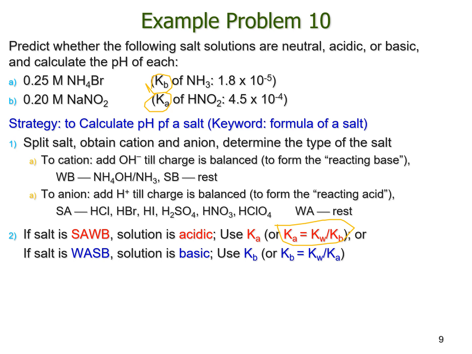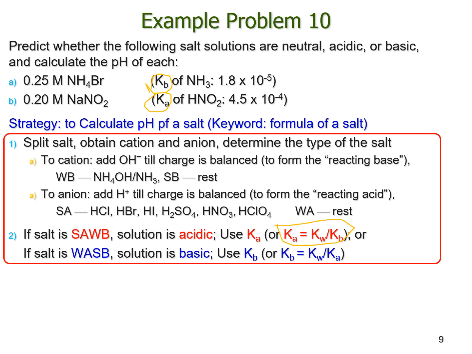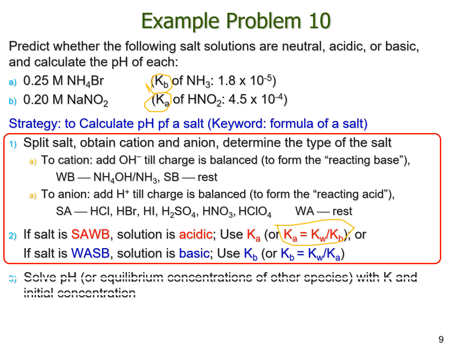If the salt is WASB, weak acid and strong base, remember the salt is basic because there's more basicity left. Basic means Kb. So once we have the Ka or Kb all figured out, then we can use the ICE table to solve the rest of the question, the rest of the math.